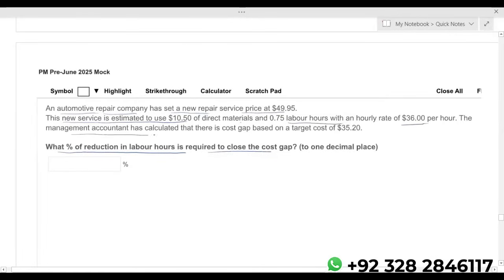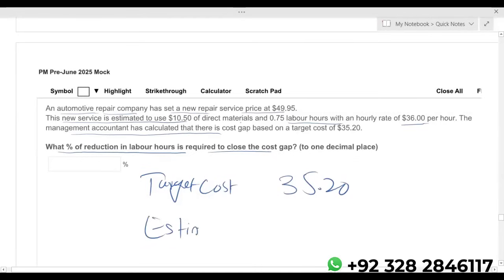The management accountant has calculated there's a cost gap based on target cost. They've given us the target cost, 35.20. Let's calculate the estimated cost. 1 unit will take material 10.50 plus labor hourly rate is 36, but 1 unit will take 0.75 hours.